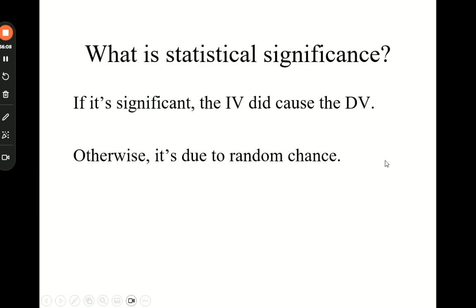All right, write this down. What is statistical significance? Okay, so I probably should have taught this in the experiment video, but oh well.